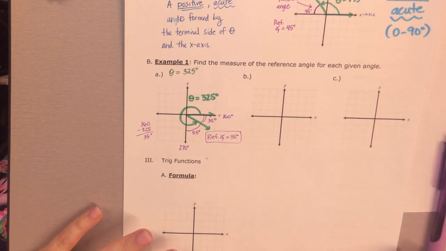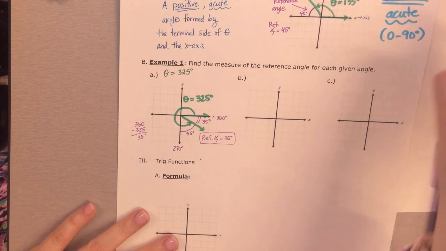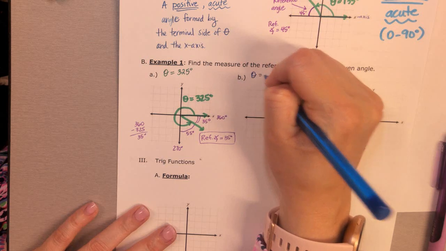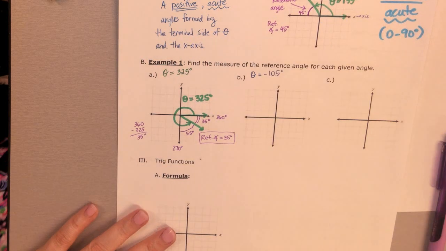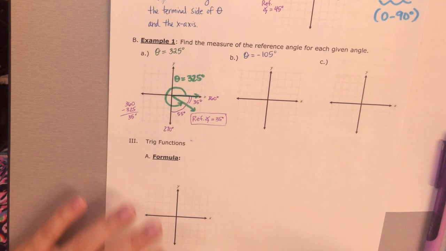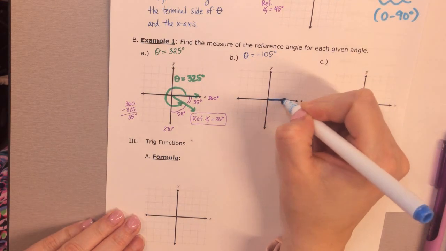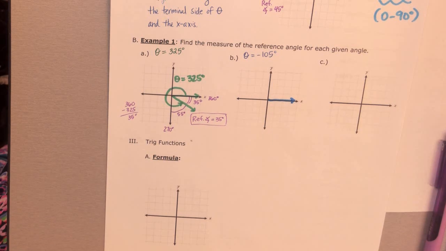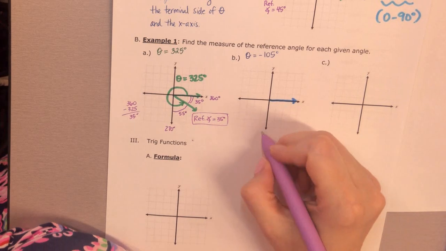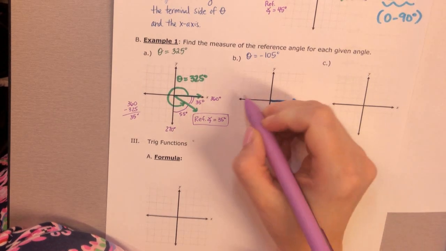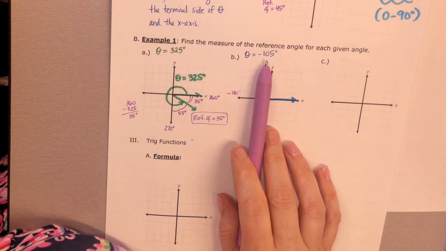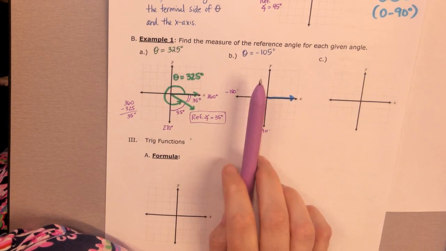All right, for B, we're going to do negative 105. So theta equals negative 105. Once I know it's negative, I put my negative 90 and my negative 180 here, so I can start thinking, where should I be putting this other side?